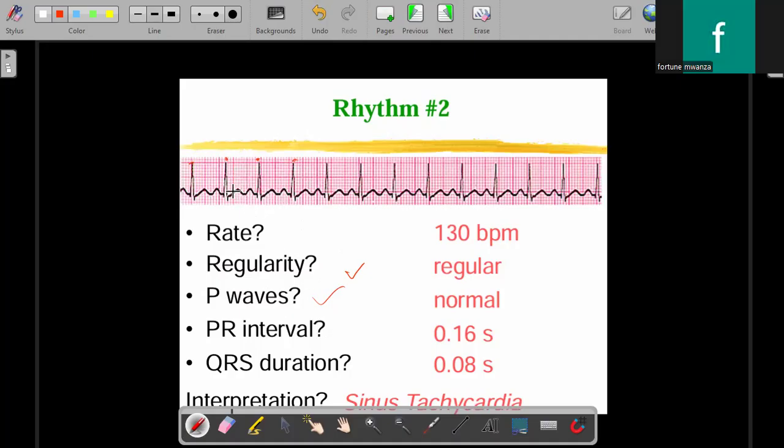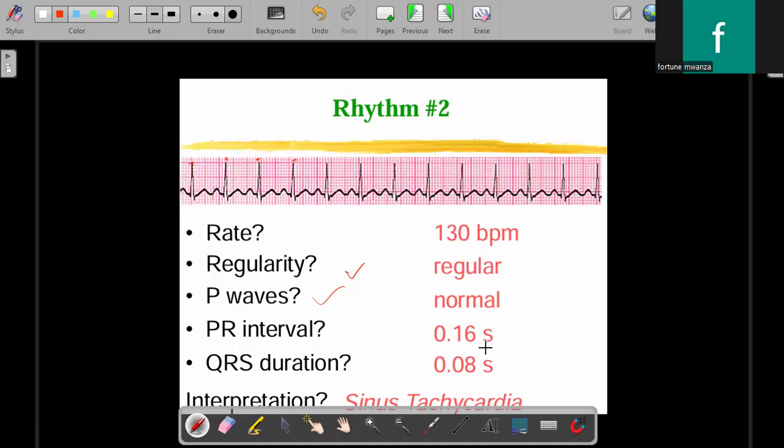It's the time from where the P wave is starting to where your QRS complex is starting. There you calculate how many boxes there are. You find that there are 3.5 boxes. If you multiply 3.5 times 0.04, we are going to find 0.16 second.